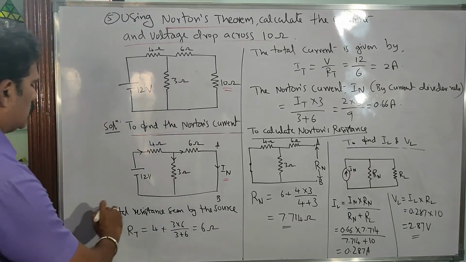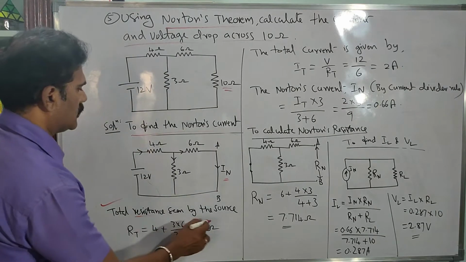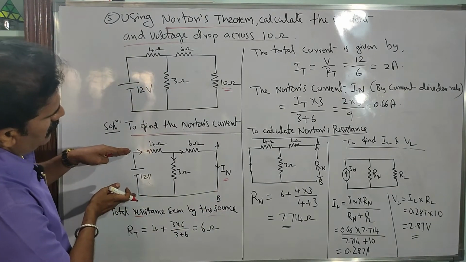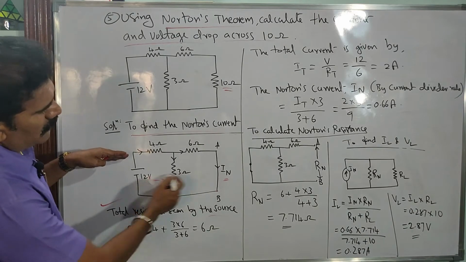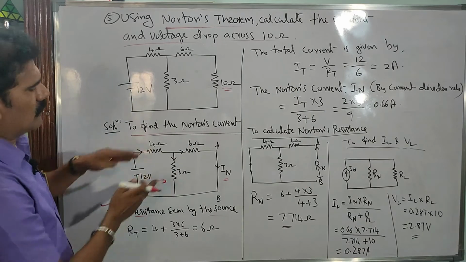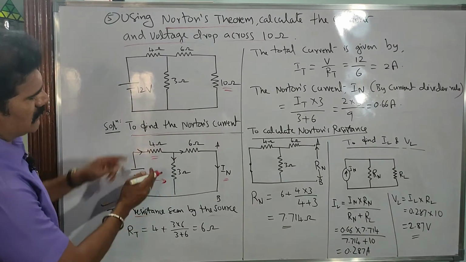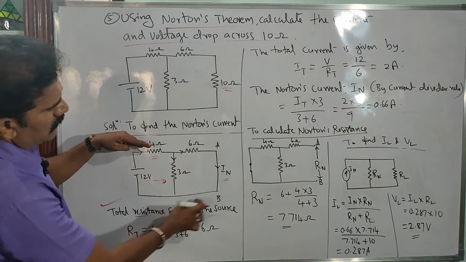Now first calculate the total resistance seen by the source, looking back into the circuit from this side. So 4 ohms comes in series, and these two are in parallel because it is a closed loop.